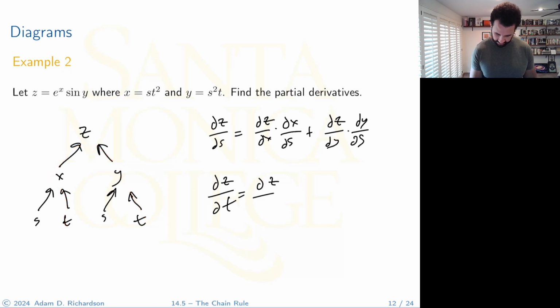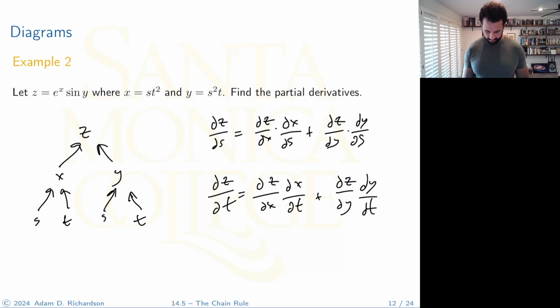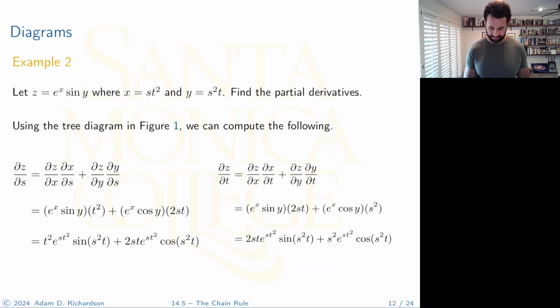So we'll get partial z, partial x, partial x, partial t, plus partial z, partial y, partial y, partial t. There we go. Those are the chain rules right there. Now we just compute all these partials and plug them in, and we get this. I won't go through all the nitty gritty. I'm sure you can do this part on your own.